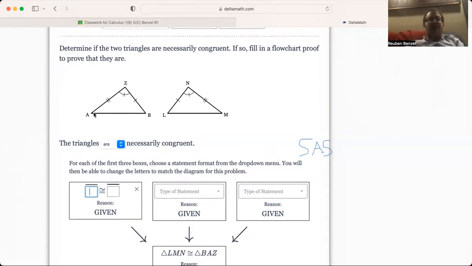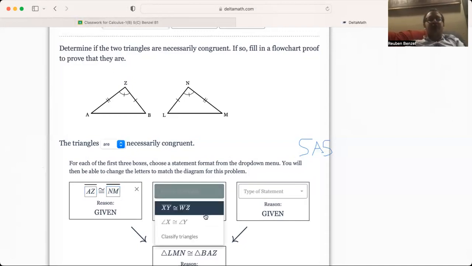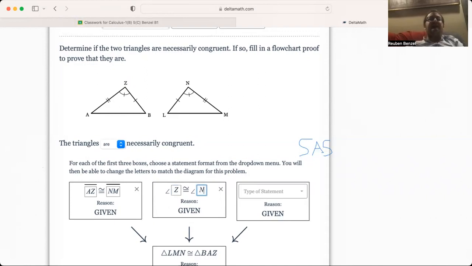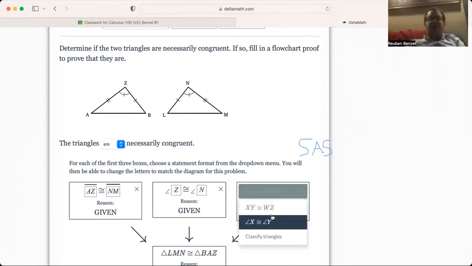So I noticed that AZ has 2 tick marks and NM has 2 tick marks. So I'm going to type in AZ and MN. Then I'm going to look at the angles. So I'm going to go to Z and N. They are marked as congruent to each other.